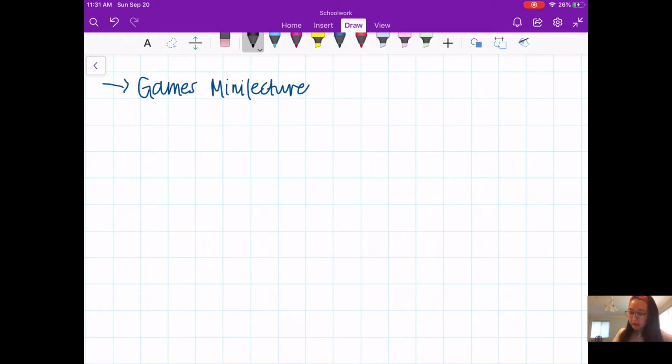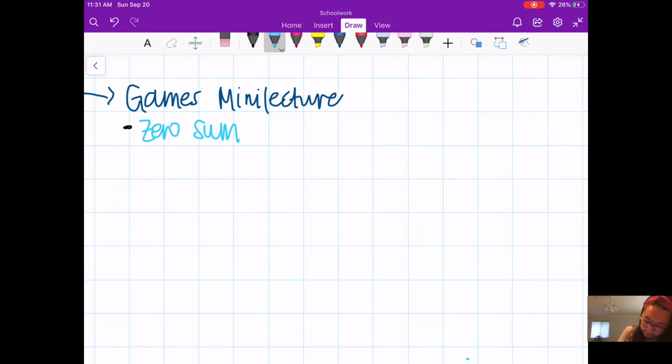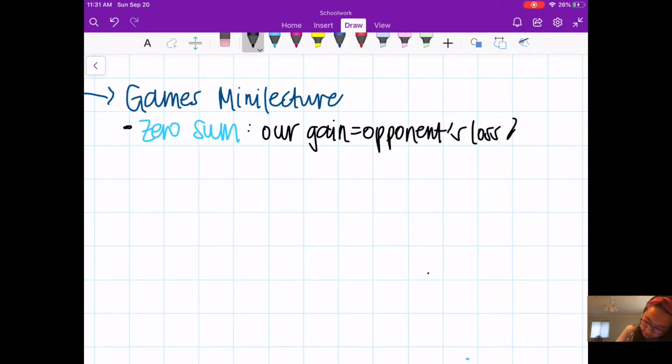With games, usually there is this notion of whether a game is zero sum or not. A zero sum game essentially means that our gain is equal to the opponent's loss, and vice versa.